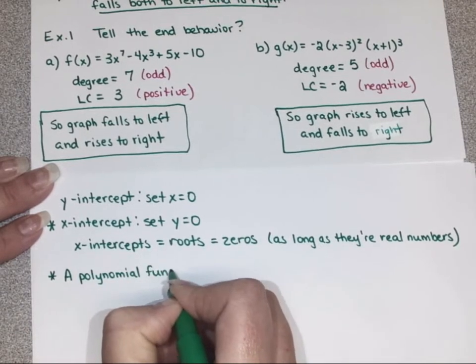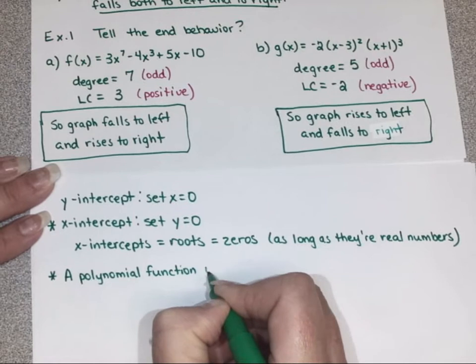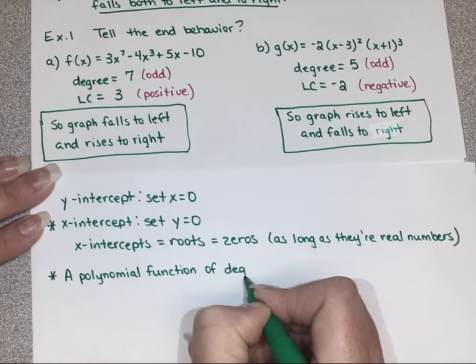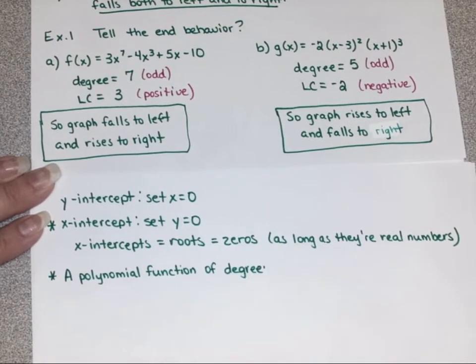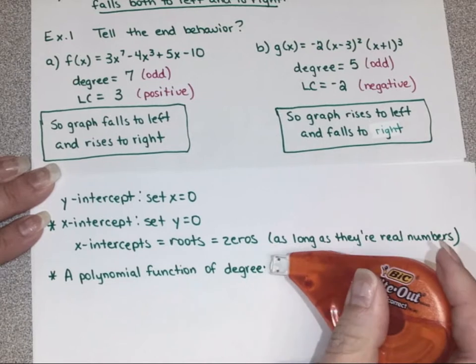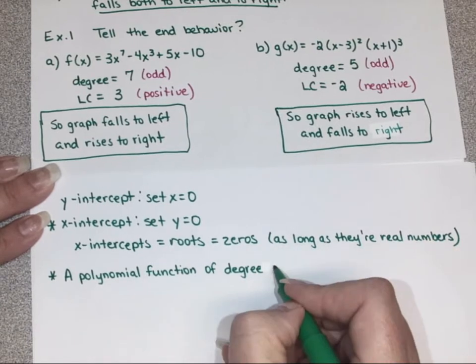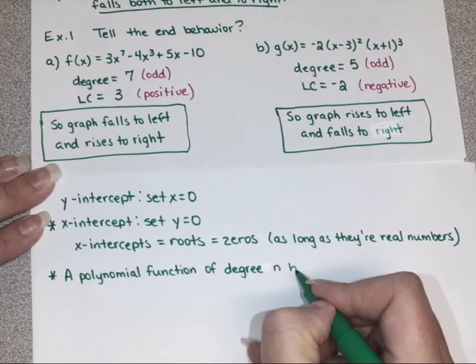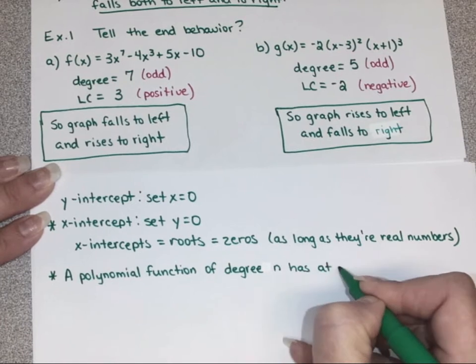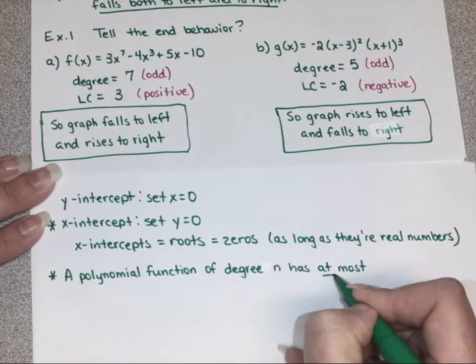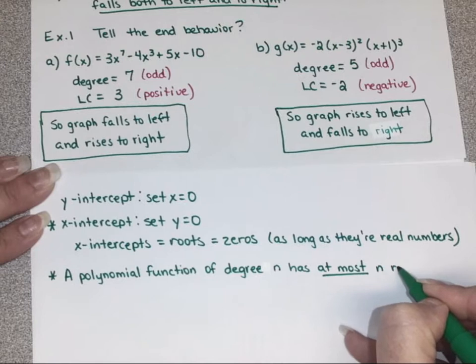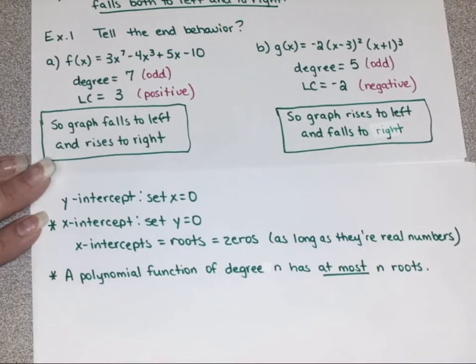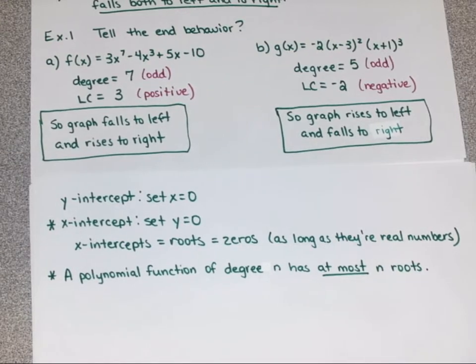So a polynomial function of any degree, I'm just going to say of degree n, because n just means it could be anything, has at most n roots. So what does at most mean? It can't go higher, right? But what could it do? It could go lower.